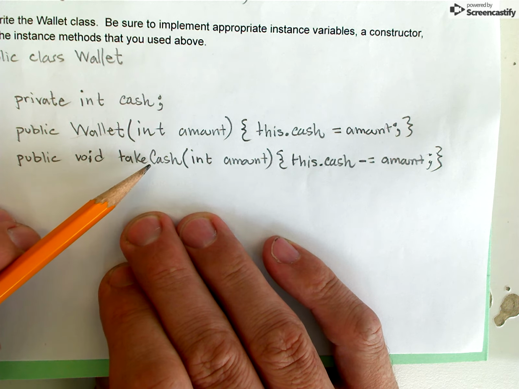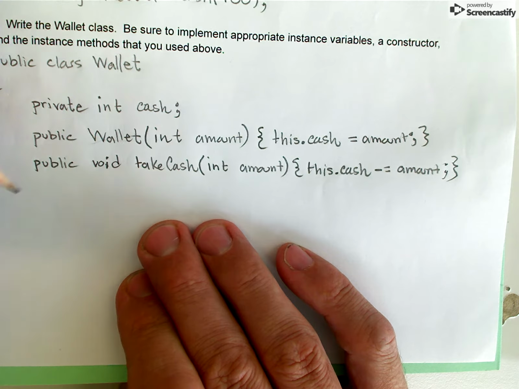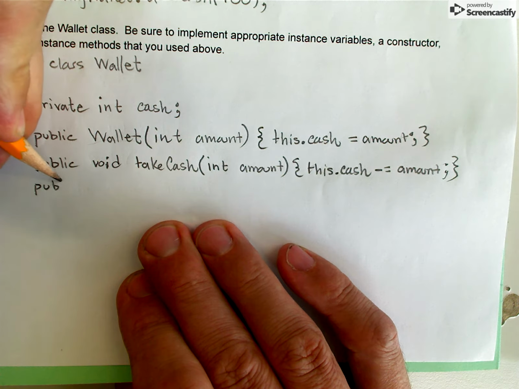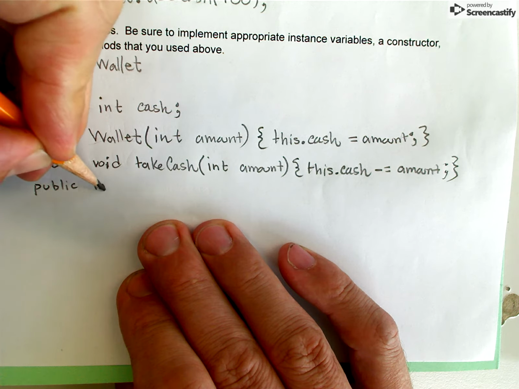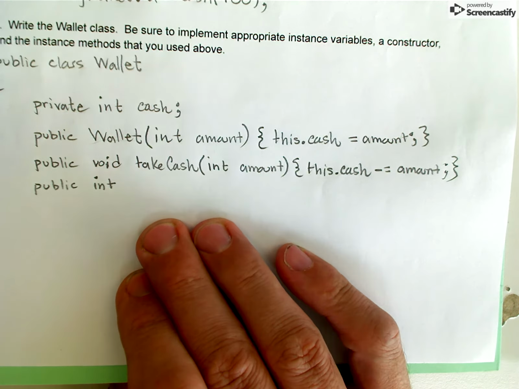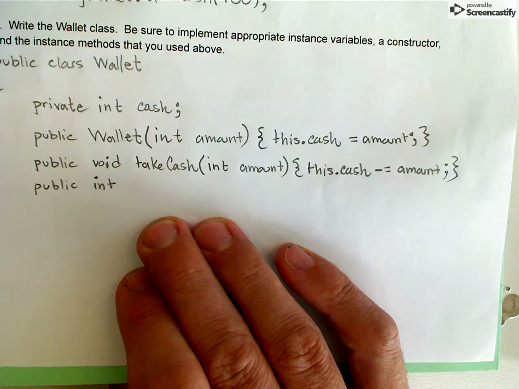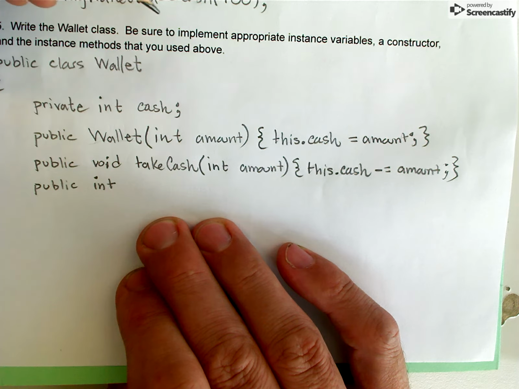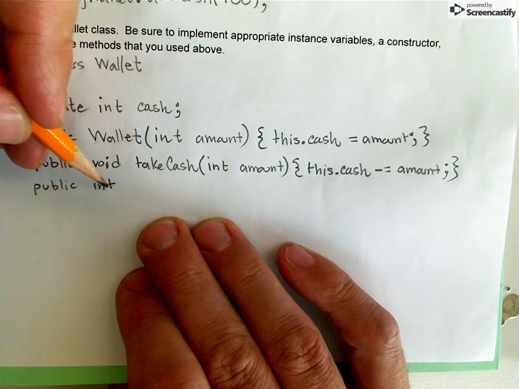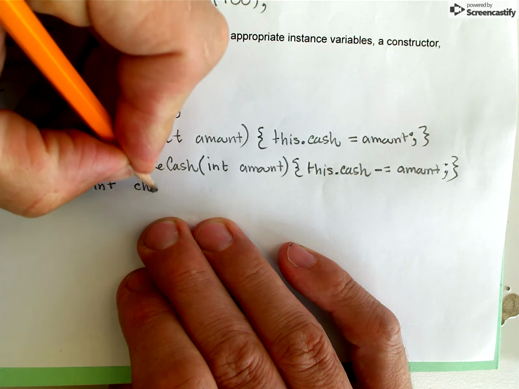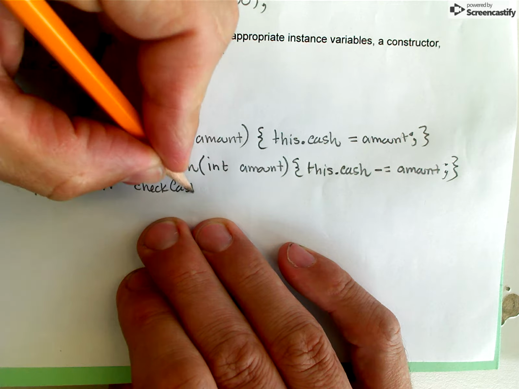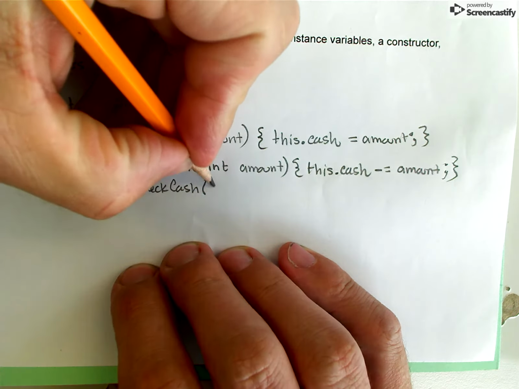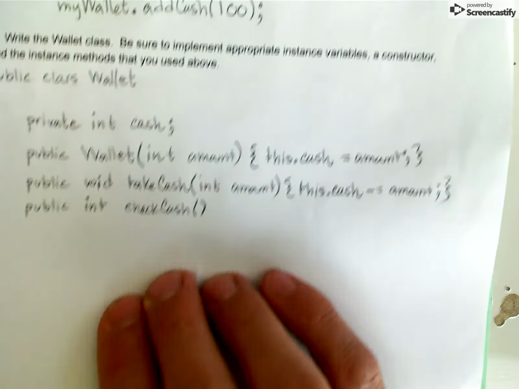If I want to know how much cash there is left, I've got to use the checkCash method, which is the next method that I'm going to write. It's also public, right? It returns an int because it's going to return the amount of cash that we have in the wallet, which is really just the value that's stored in this instance variable, cash. Public int checkCash, and it doesn't take any arguments.